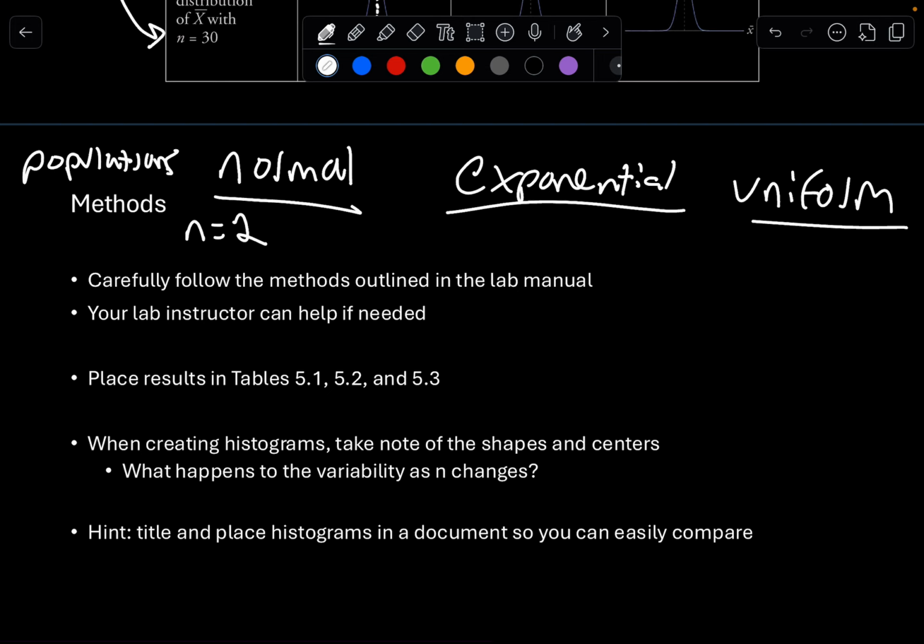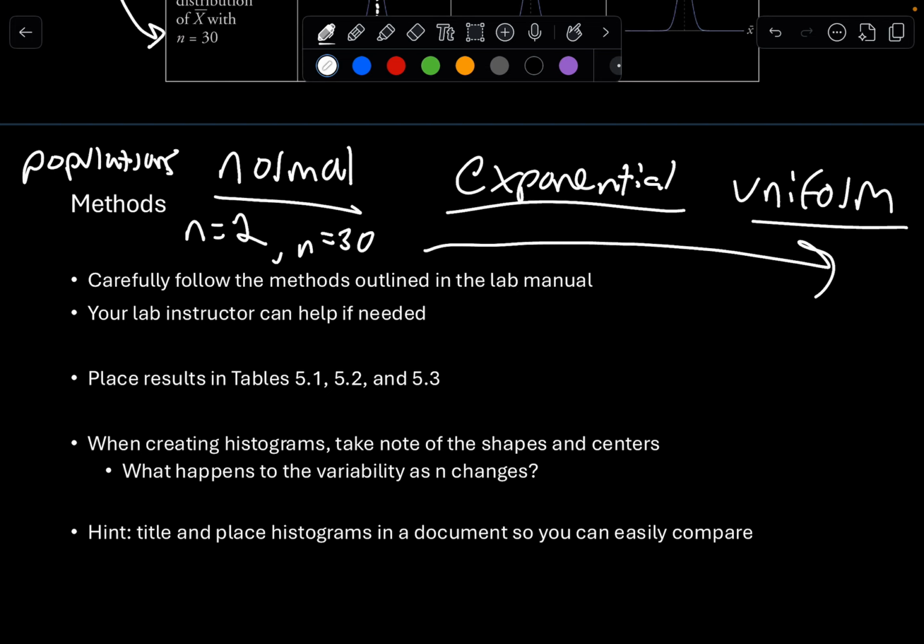You'll do this many times. You'll calculate all of the sample means, and then you'll plot those. Then you'll do random samples of size 30. Calculate the sample means of all of those samples, and then make a histogram. And you'll see what happens.